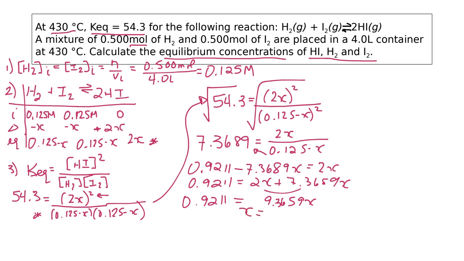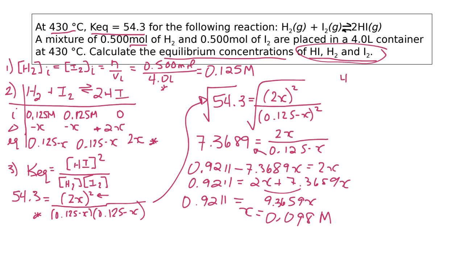And then my x term equals 0.098. So I am now going to round to 2 sig figs because back up here, this is what I had as the fewest number of sig figs when I initially calculated that molar concentration. So all I know now is x. I have to calculate still the equilibrium concentrations of everybody.